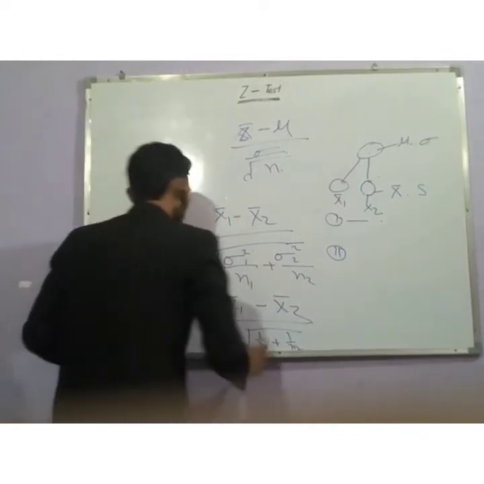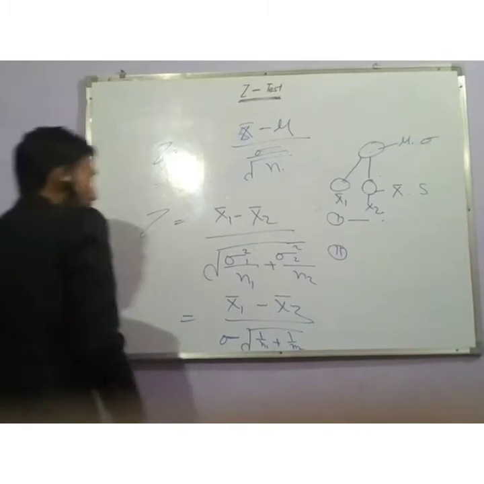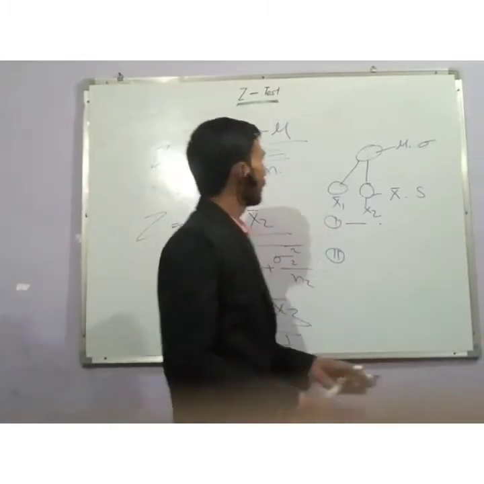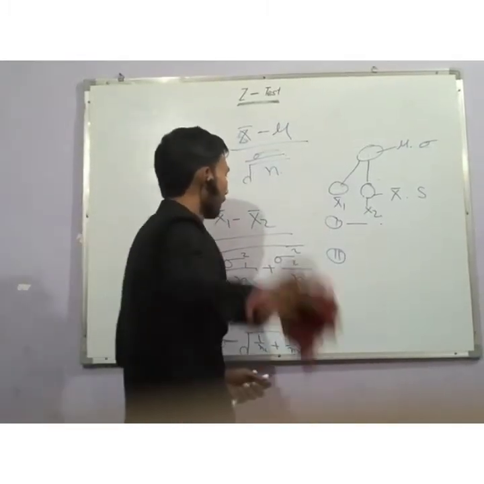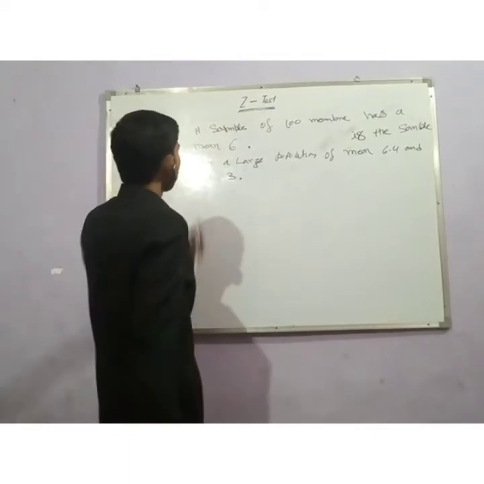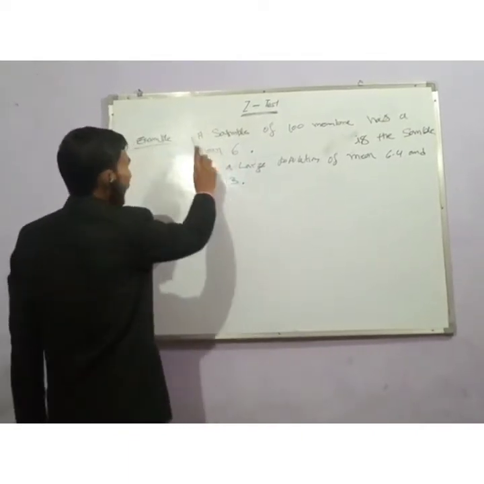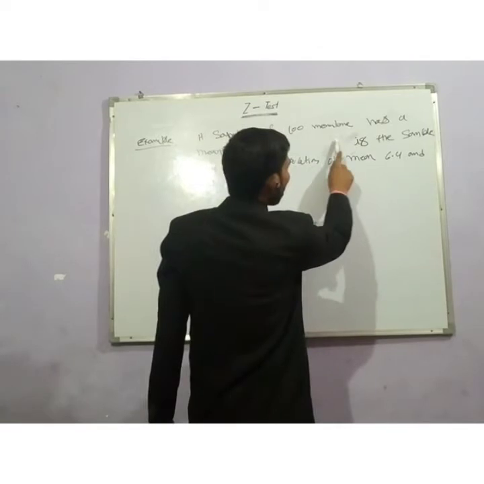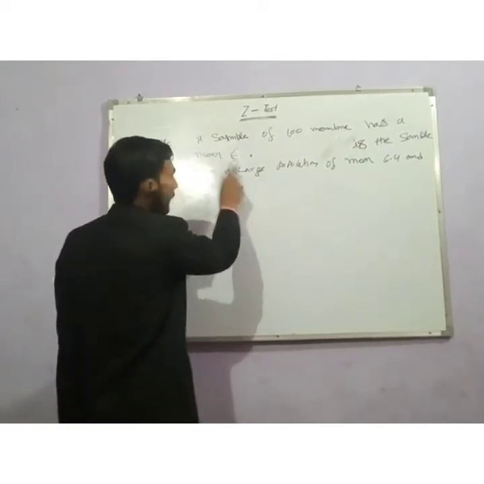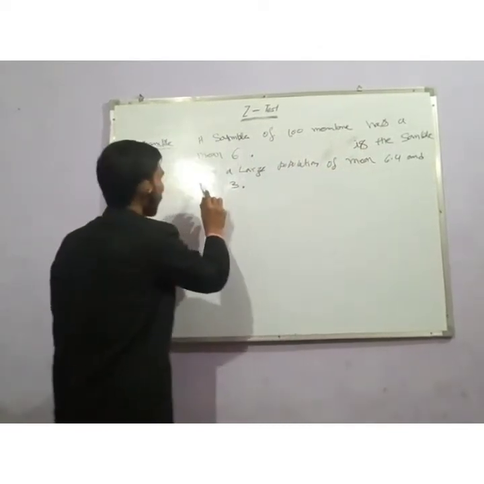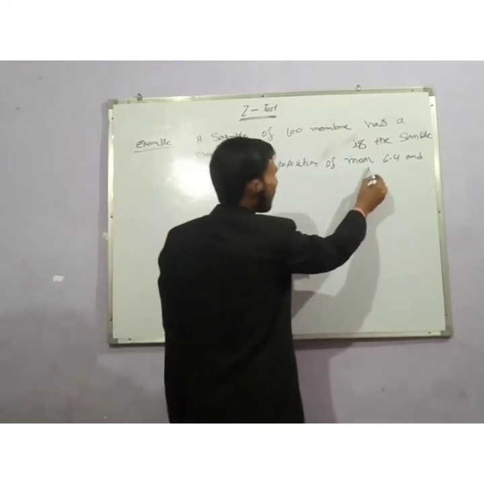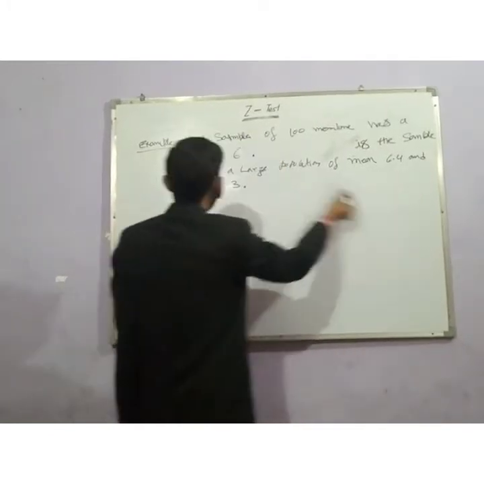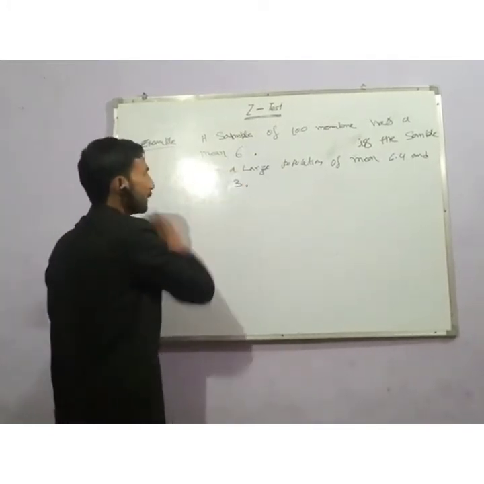Now see a problem based on the Z test. Dear students, let's see the example. A sample of 100 members has a mean of 6, and is drawn from a large population of mean 6.4 and standard deviation 3.